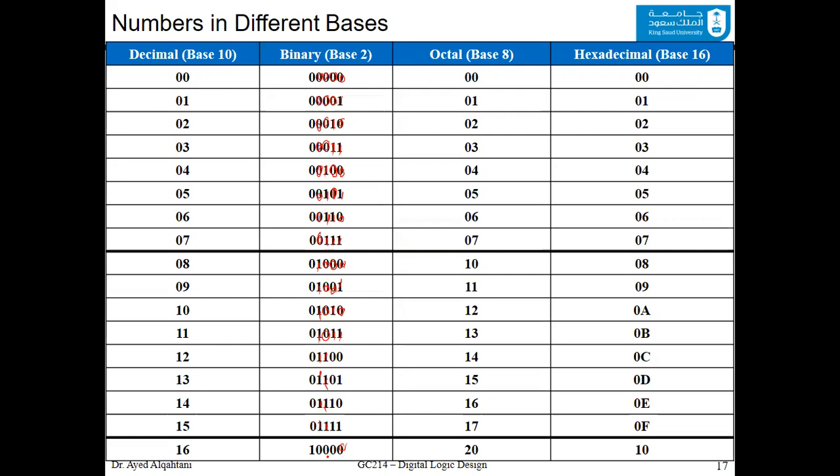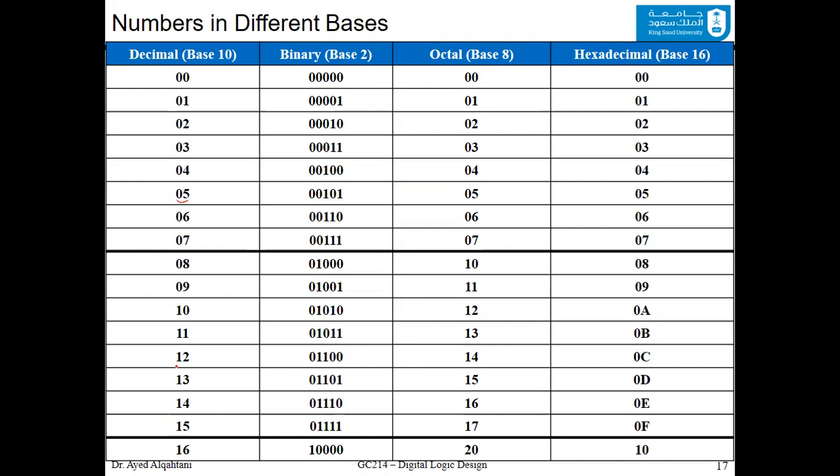And then we start flipping again for the next 8 digits. The last digit, which is the 5th digit here, we will have 16 zeros. As you can see, every digit here is 0. And after you have 16 zeros, you'll start having another 16 ones, and so on. So you can see now, for example, if we have this number 5, the binary representation of the decimal number 5 is 00101.